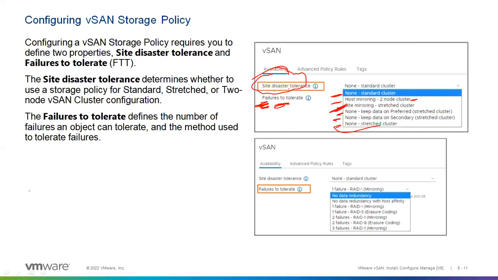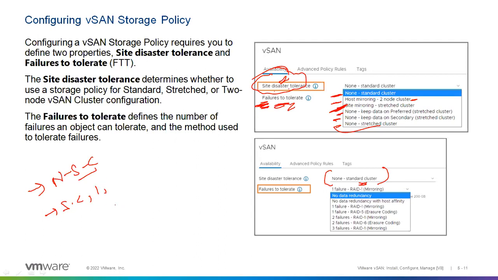Yes, definitely. When you say non-standard cluster, see, there are two sections. First is site level failure, then second is failures to tolerate. So here you choose non-standard cluster. It means that we are not talking about any kind of stretch cluster, the smaller one.